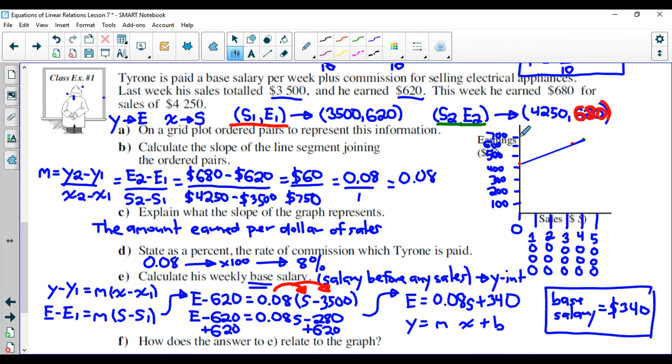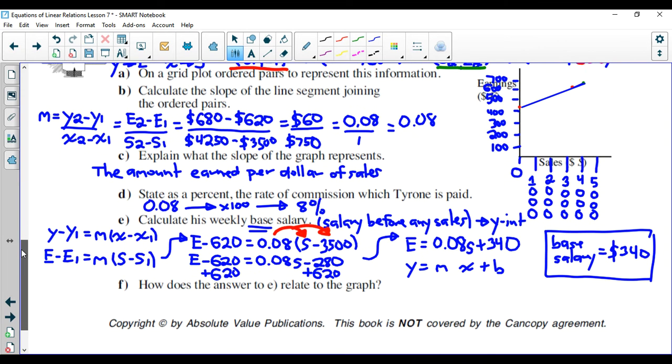Now, if you look back at the graph, I didn't quite pinpoint that. Keep in mind, this is a rough sketch. I didn't use a ruler to space these grid lines out, and I really approximated where these points would be. So I ended up getting a base salary between 400 and 500, but that's just because I didn't do an accurate job of drawing the graph. I just did the graph to show you what the base salary actually represents, which is the amount of money you make before you even make a single sale.